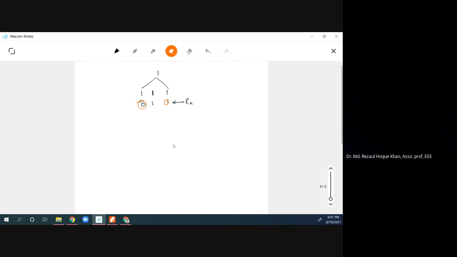Then majority dictates that the bit will be 0, so we will decode it as 0 instead of 1. So if 1 bit is altered, we can detect and correct it. If 2 bits alter, we cannot detect or correct it.